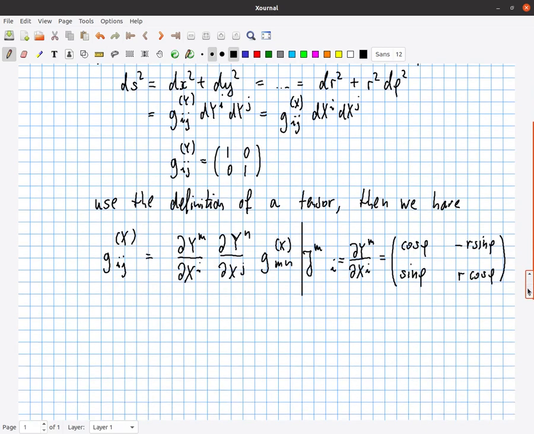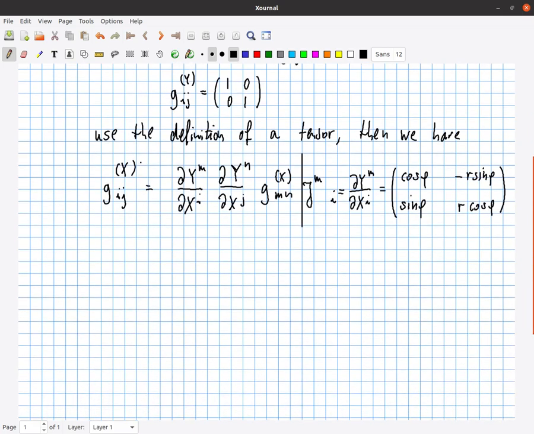This means if I want to find the metric tensor in the other coordinates, and if I want to use the very basic definition that this is a rank 2 tensor, then I can just put in the J's and see what happens. So for the first component, G11 in the x coordinates, I get here J M1, J N1, GMN in the x coordinates.